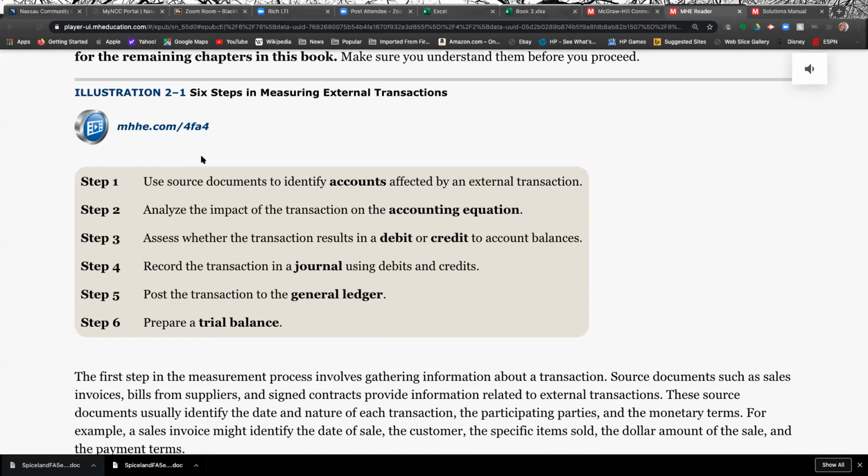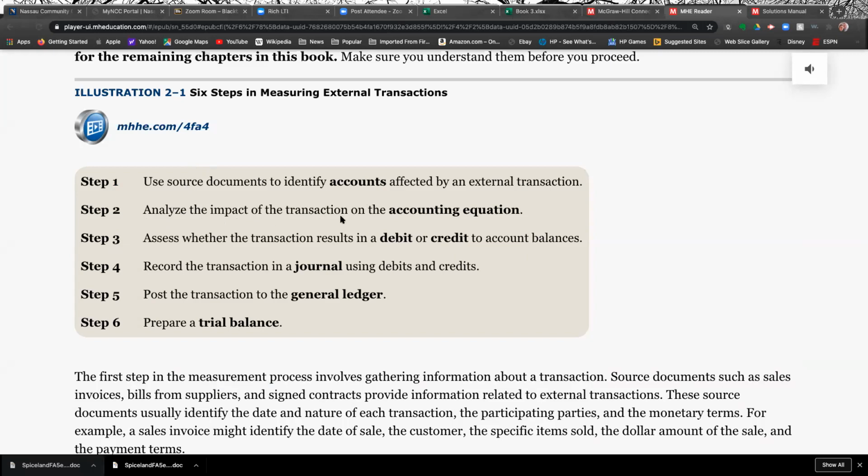These are all the steps in the accounting cycle, right? What did we talk about today? We talked about this. I really started with number 2. What impact does a transaction have on the accounting equation? If you think of the equation as something that's linear, assets on the left, liabilities and stockholders' equity on the right, how does the transaction affect the equation?